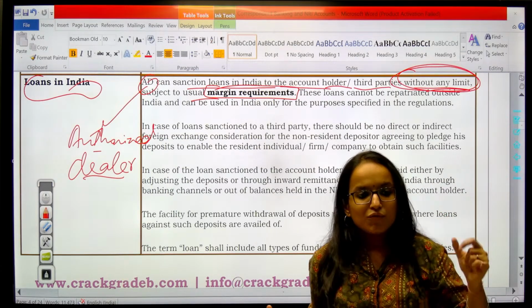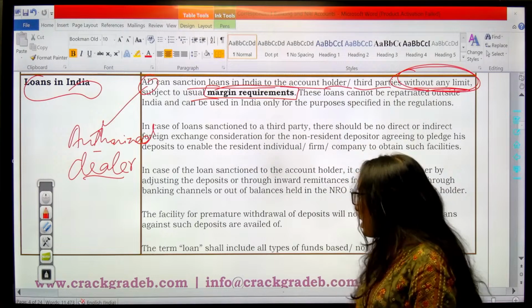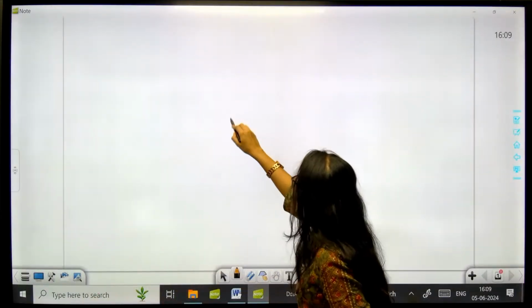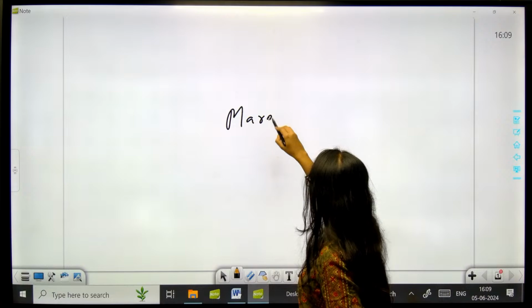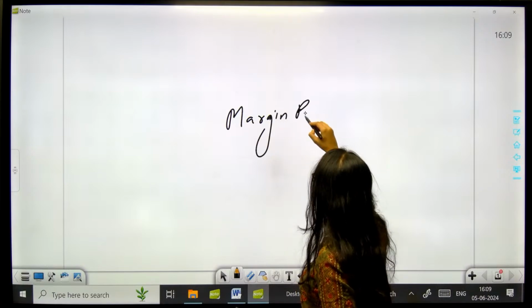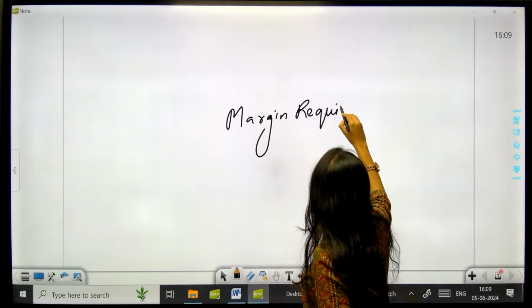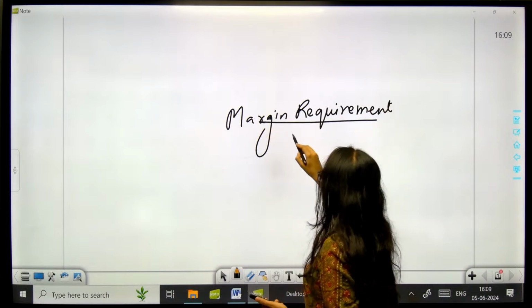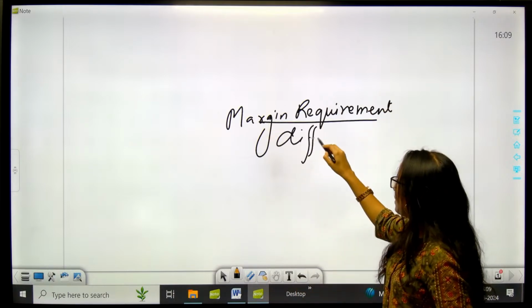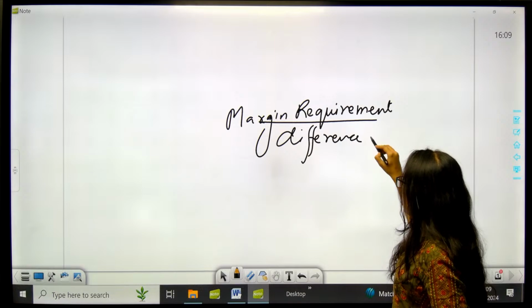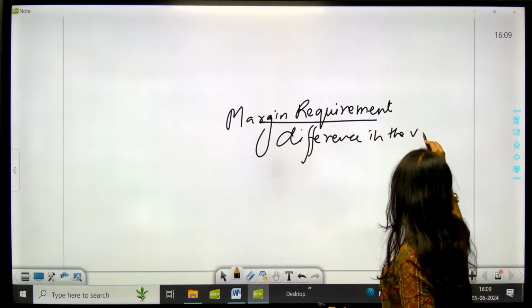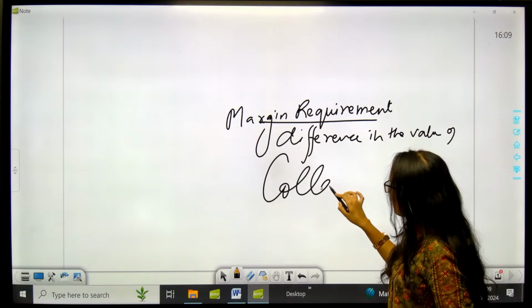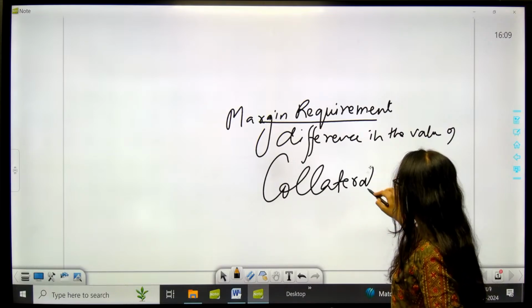Getting this point? What is margin requirement? It is the difference in the value of collateral and the loan amount.